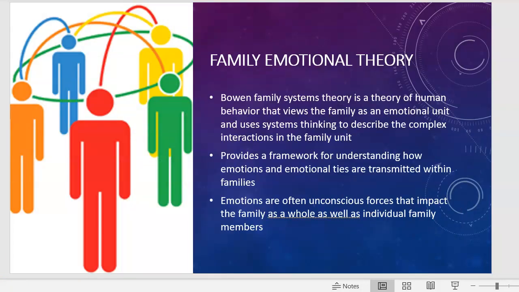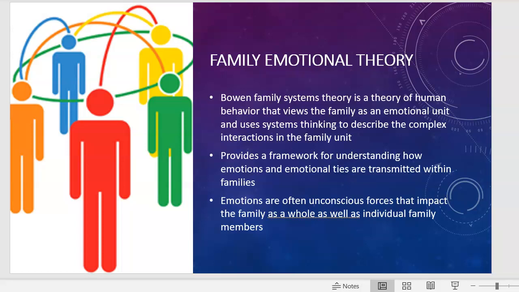Bowen focused on family emotional systems theory. Bowen's theory is one of human behavior that views the family as one emotional unit. He used systems thinking to describe the complexity of the interactions within the family unit. His theory provides a framework for understanding how emotions and emotional ties are transmitted within the family system.